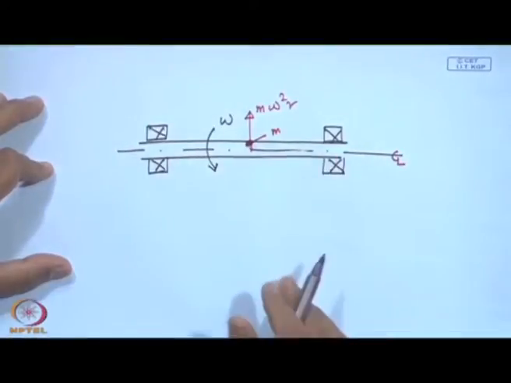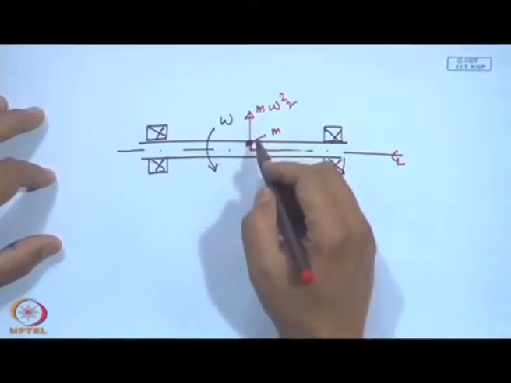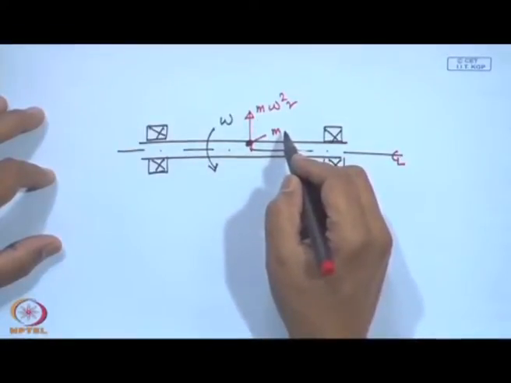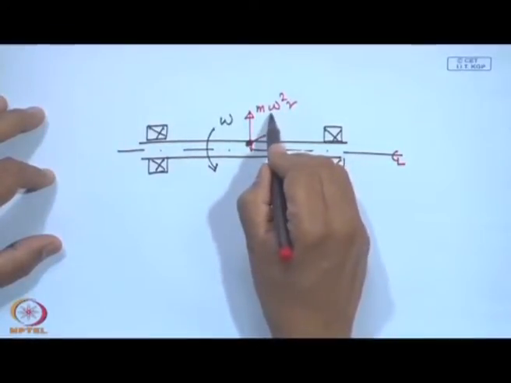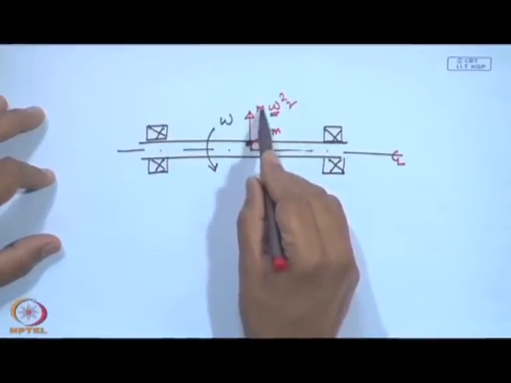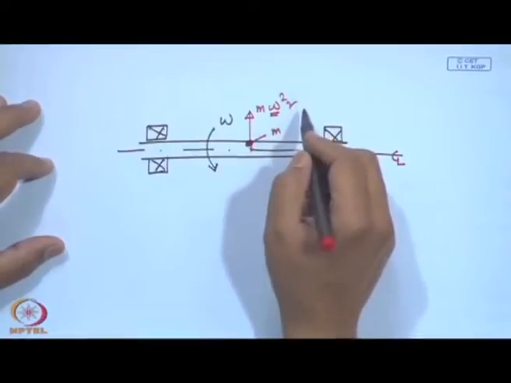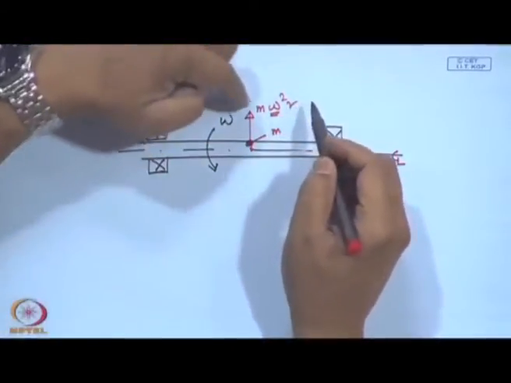And this force is going to be radial in nature, a function of the speed, and a function of the distance of the unbalanced location from the center of the axis.